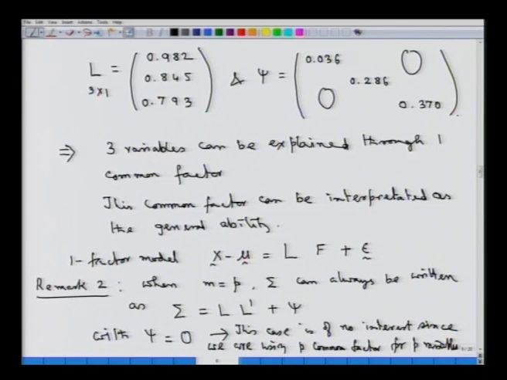Now, the actual usefulness of this factor analysis is going to come if we have this m here, the number of common factors, significantly lower than that of the original starting variables. And what is it that we are going to gain? Let me put it in remark 3. As in the previous case, we had 3 original variables x1, x2, x3, and we had expressed them through one common factor.